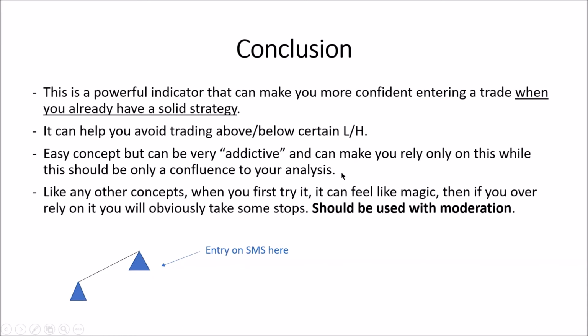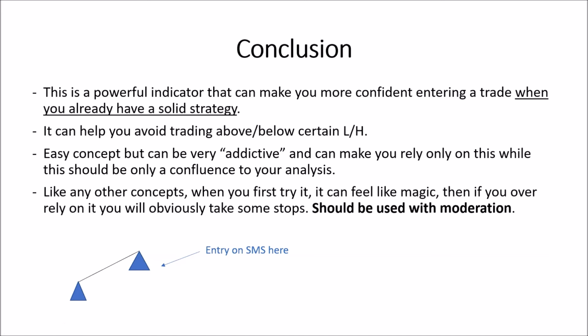I'm going to explain, because I tell you this from experience. When I first traded this concept, of course I had many wins, like 1, 2, 3 wins in a row, and then I tried to over rely on it.